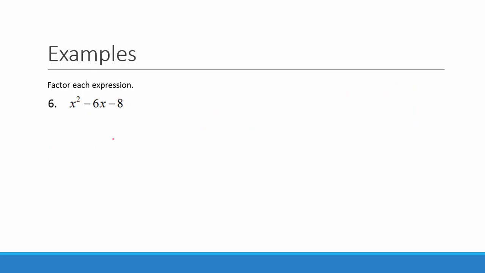This is in the form x squared plus bx plus c. Our c is equal to -8. We need factor pairs that multiply to give us -8, but when we add them we get b, which is -6. So we start by writing our factor pairs of -8.